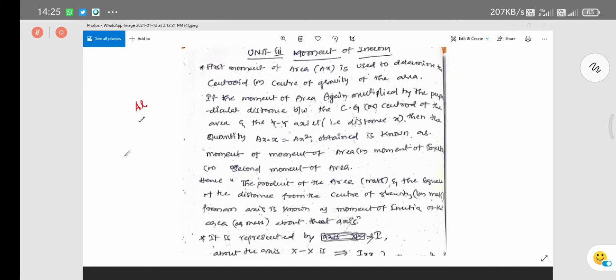One is the algebraic sum approach. If it is related to the centroid, we are going to consider area only. So area into whatever the x coordinate is there. This x coordinate is the centroidal coordinate of the particular element. If it is a one dimensional element, you will get only the x coordinate, only one directional.